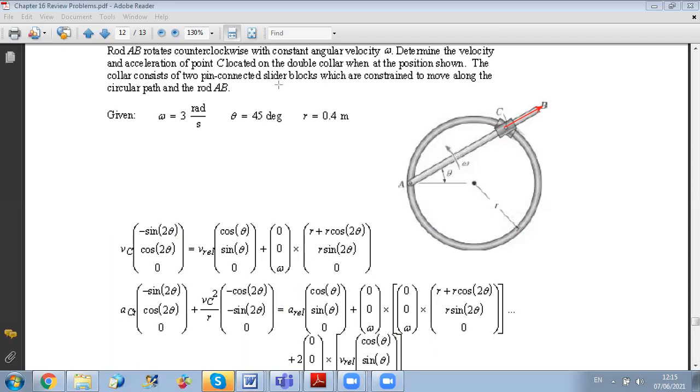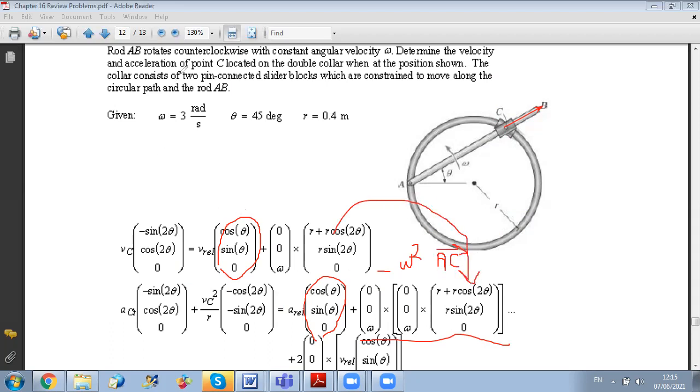So it's A relative times the same unit vector as V relative. It's along the rod. Now, plus minus omega square AC, or you do this vectorial product. So AC, we have already calculated vector AC from the previous step. We just have to replace. It is the same vector here.